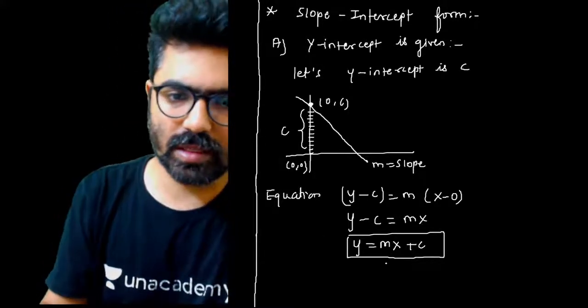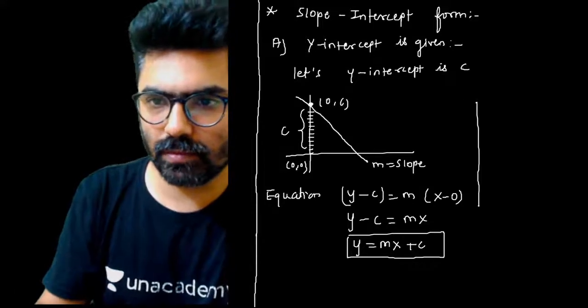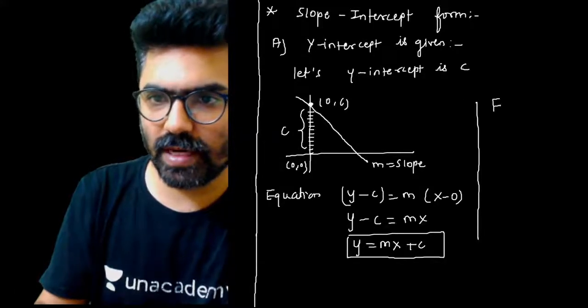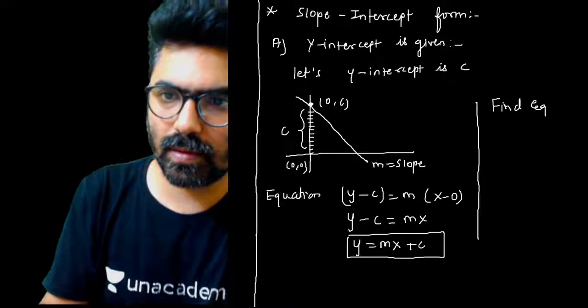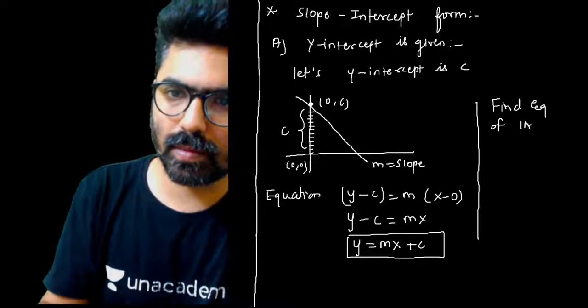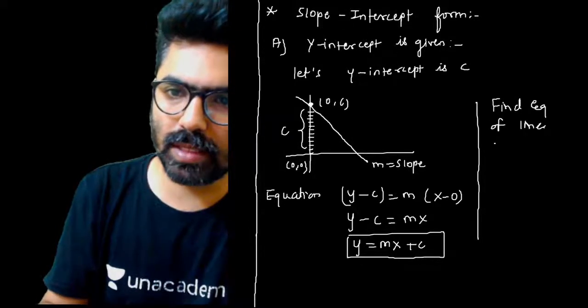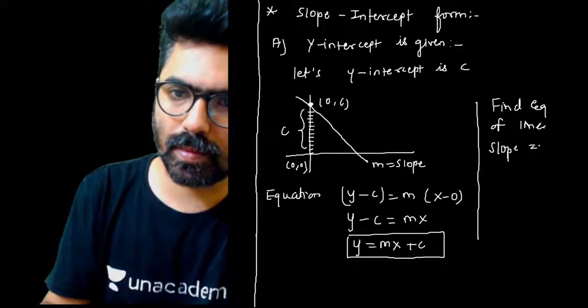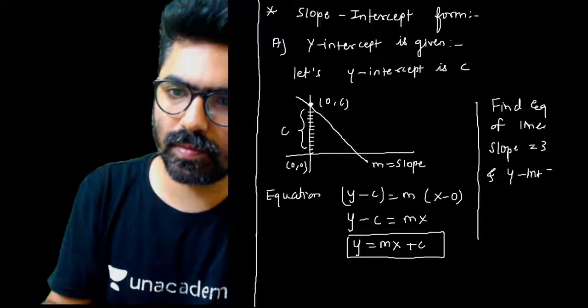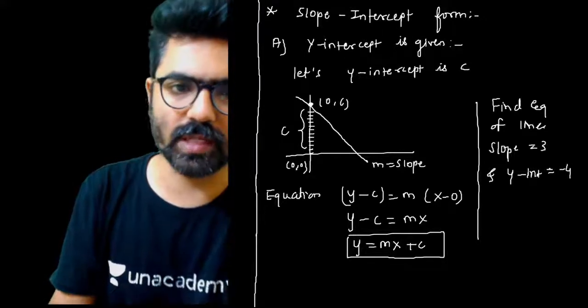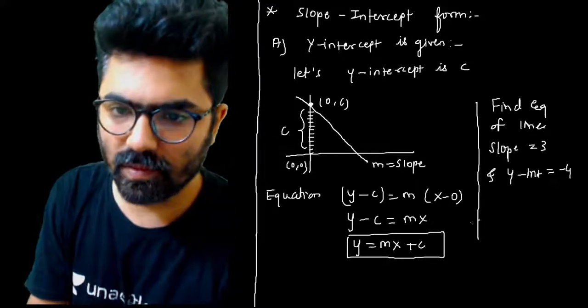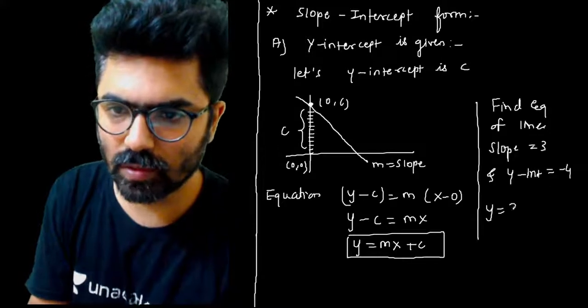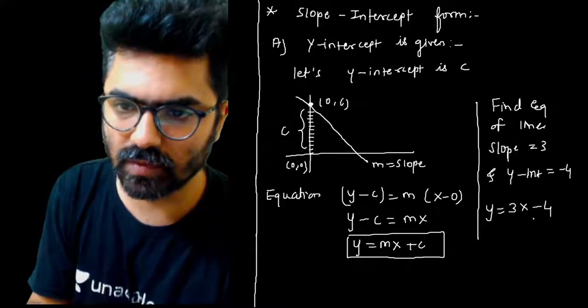You can easily take an example over here. Find the equation of line whose slope is 3 and y-intercept is minus 4. Simply looking at this form, we can say y is equal to 3x minus 4.